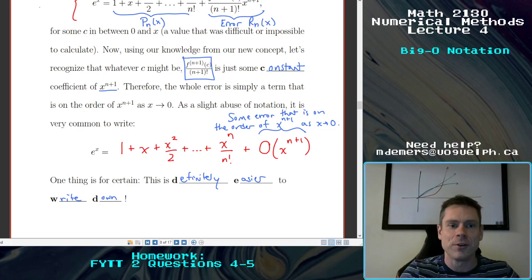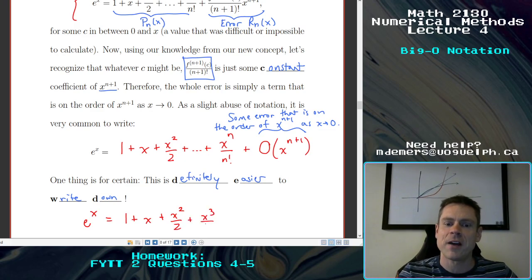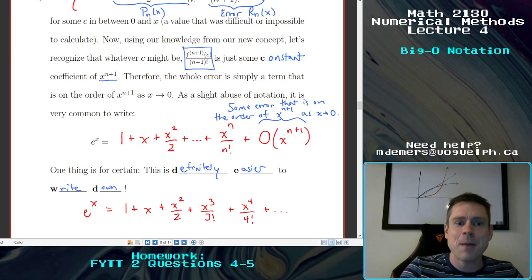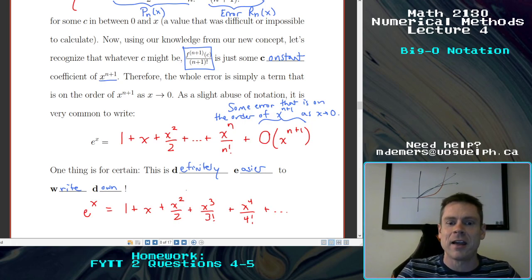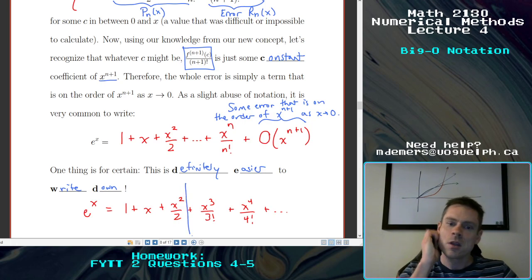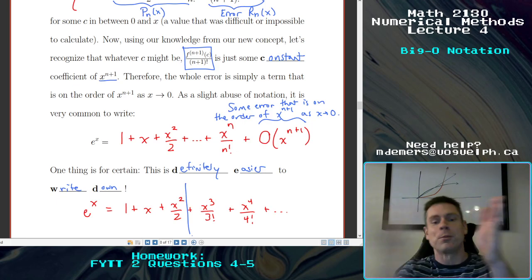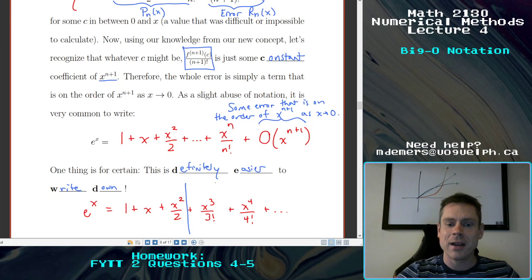If I wrote down something like e to the x equals 1 plus x squared over 2 plus x cubed over 3 factorial plus x to the 4 over 4 factorial, and so on, imagine that I took an approximation that's second degree. That means lopping this off and saying, that's good enough. The error associated with it are all of the unclaimed terms, everything after that, right? These terms right here.